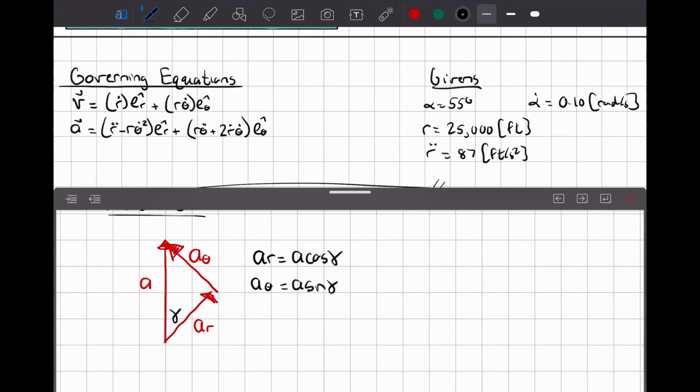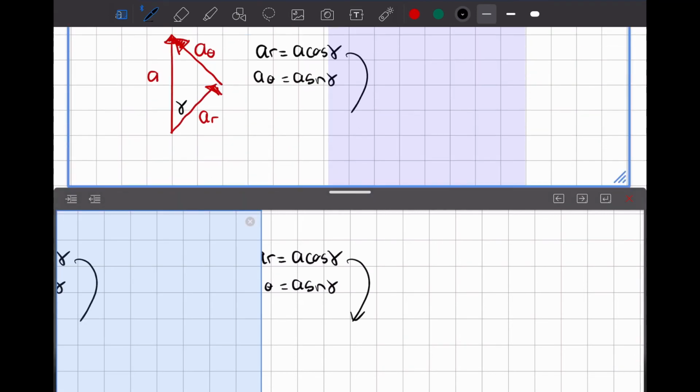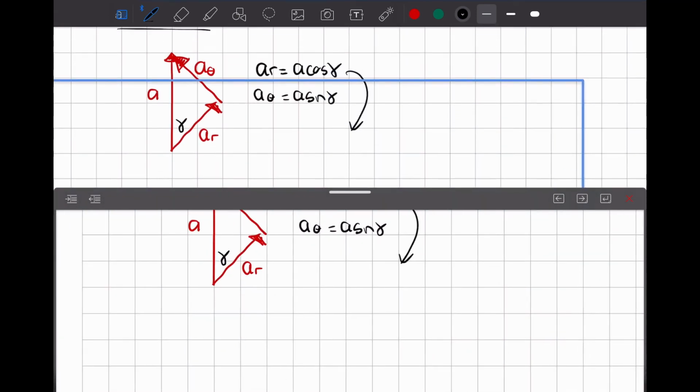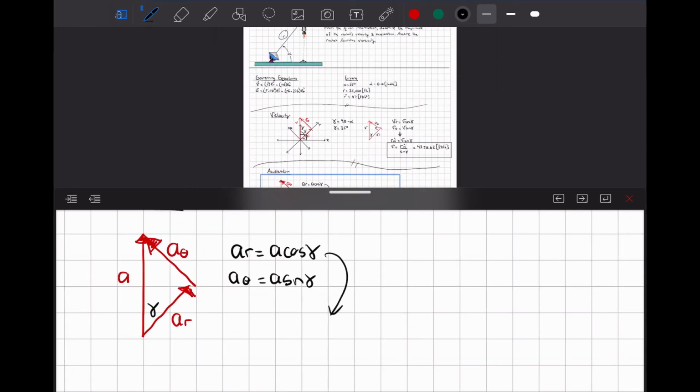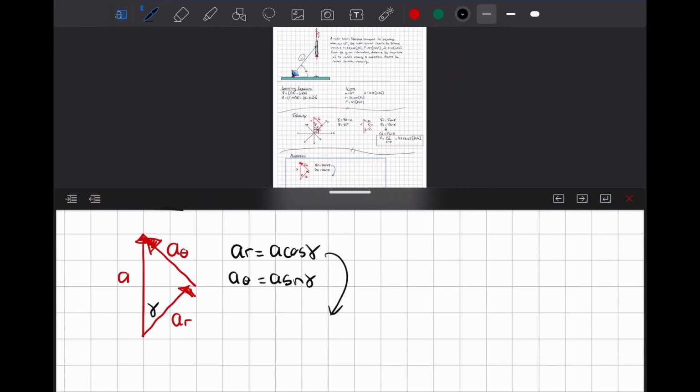So if we go ahead and look at the radial component, we got that AR is equal to A cosine gamma, and then AR is equal to R double dot minus R alpha dot squared.